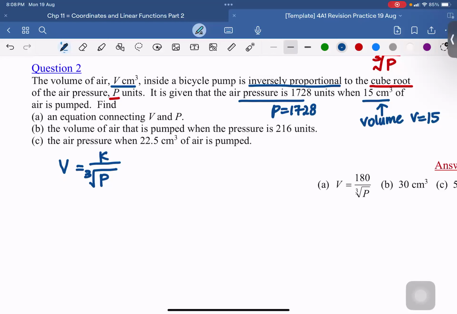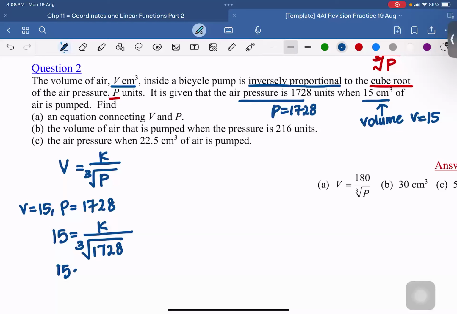Then what's the purpose of giving you these two numbers? It's for you to find the equation. So find K first. We're going to sub in V equals 15, the air pressure is 1728. So 15 equals K over cube root of 1728. Then we just calculate the numbers.